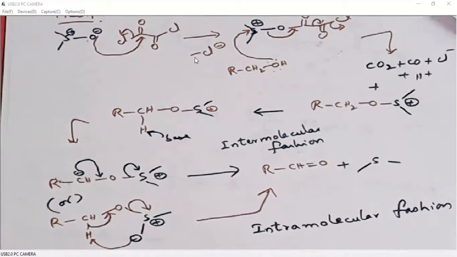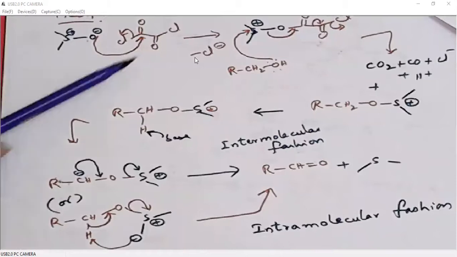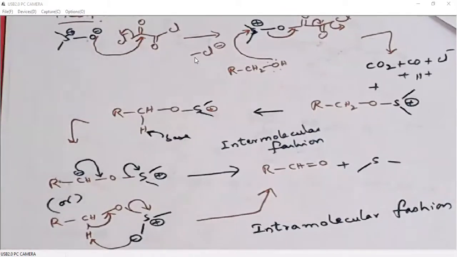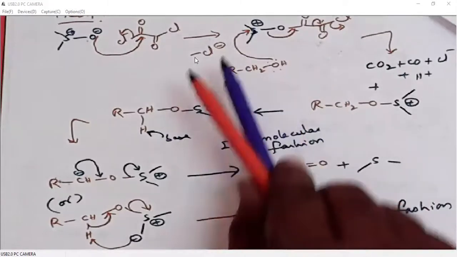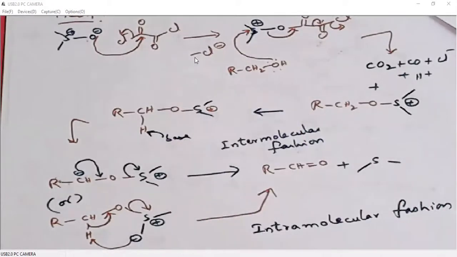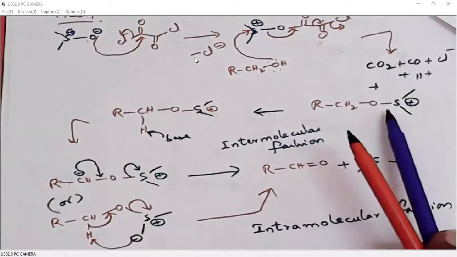All sulfur reagent based oxidations, the mechanism is very similar. What we need to have is first sulfur should be activated, so we will add some reagents to activate the sulfur. Once sulfur is activated, then alcohol will attack on sulfur, so there is a bond formation between alcoholic oxygen and sulfur.